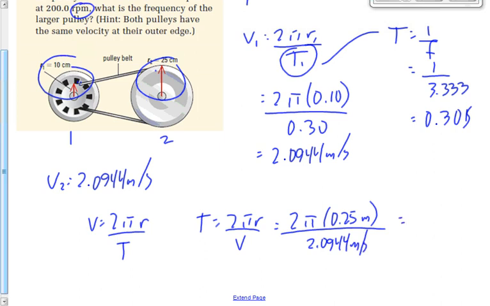What do we get for the period there? Yep. 0.7499 seconds. And now we're going to solve for the frequency, right? F is equal to 1 over period. 1 over 0.7499 seconds. What do we end up getting for that? I'm thinking about 1.45 or something. 1.45, 1.5. 1.33.